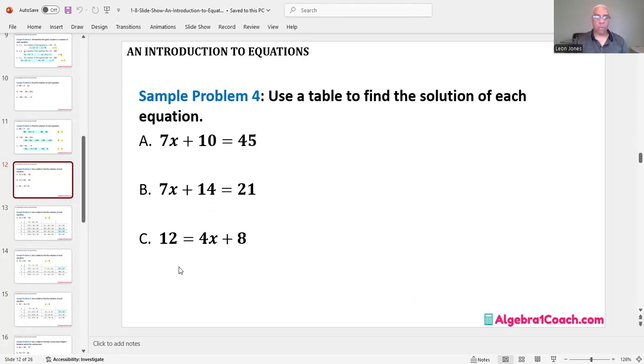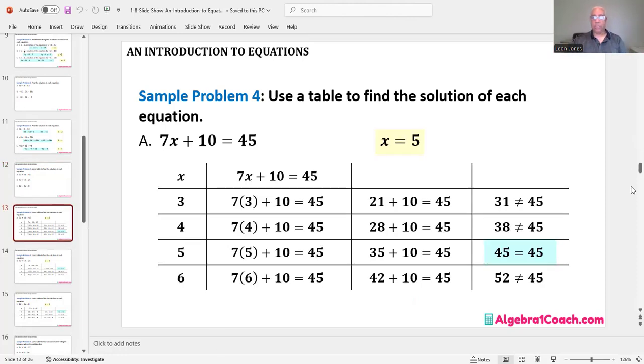Here I can do the same thing. I'm just going to divide everything by 4. So I'm going to get 3 equals x plus 2. Answer is going to be 1. And here's how I'm going to prove it. I'm going to subtract 8 from both sides. This is a trick you need to know, and you can do it quickly. Now let's see what they have as far as the answer.